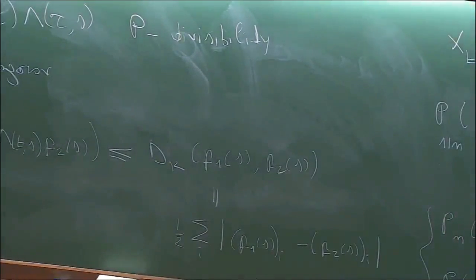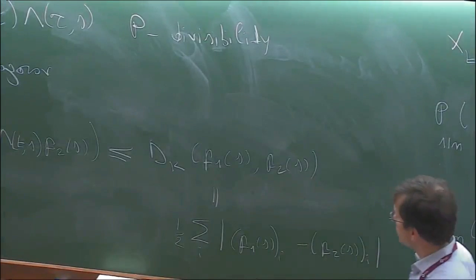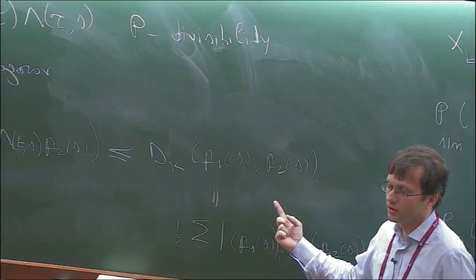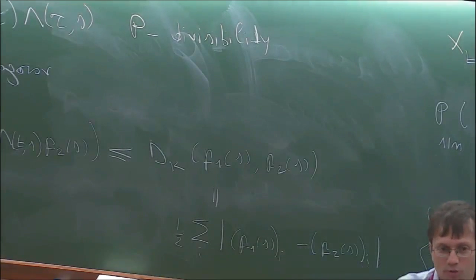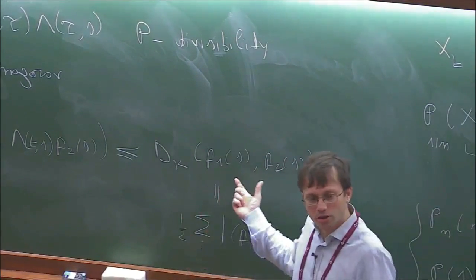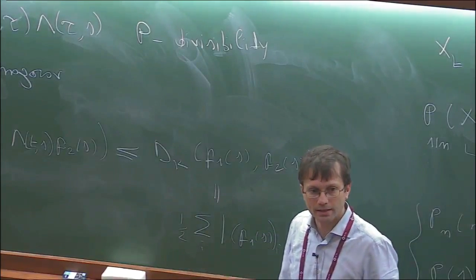It is exactly what we did before. If you want, 1/2 the sum of the modulus of the eigenvalues, only in the classical setting you don't need to diagonalize; they're already diagonal. So it's the very same object. This is also known as the Kolmogorov distance in the classical setting.